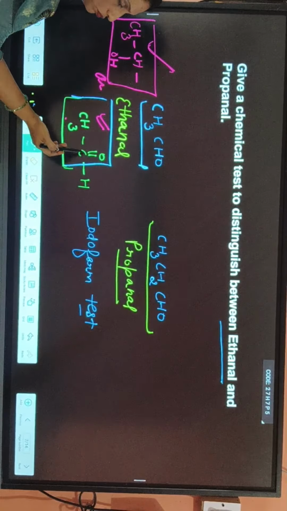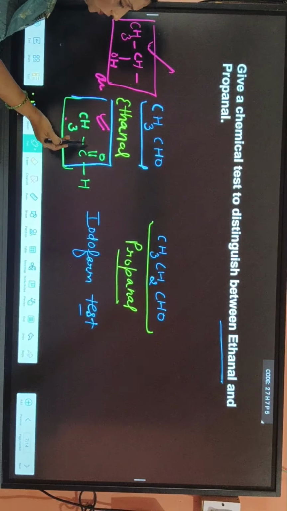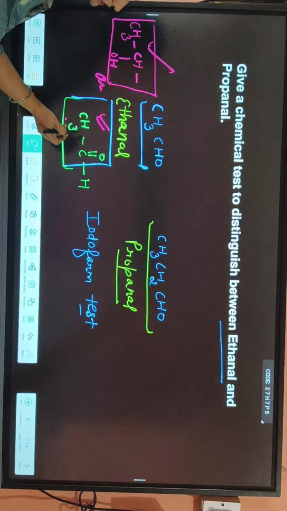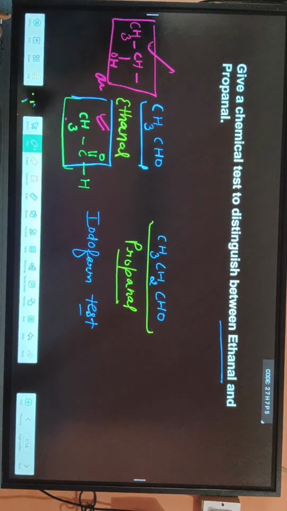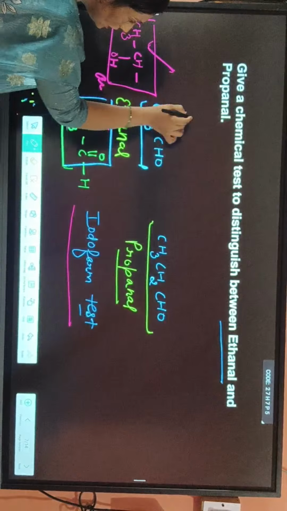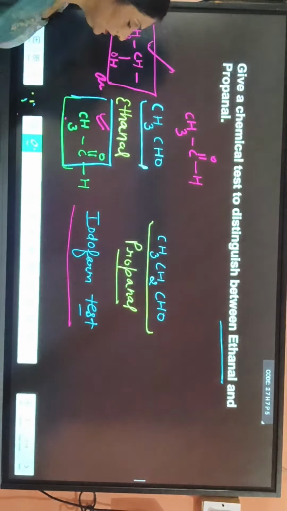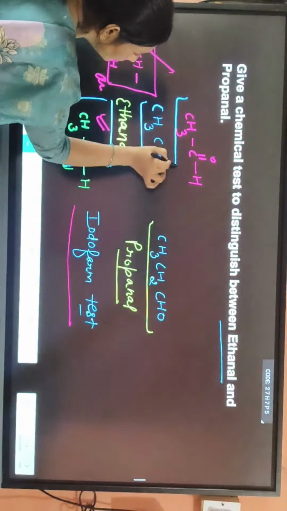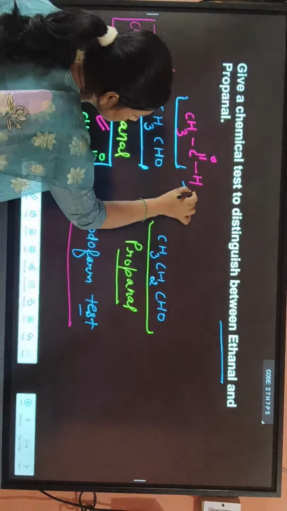That is, if a methyl ketone group CH3CO or CH3CHOH is present, then they will show the iodoform test, otherwise not. Then, students, you can see ethanol. I can write it like this. It has the CH3CHOH group, like a methyl ketone group. So it gives us the iodoform test.